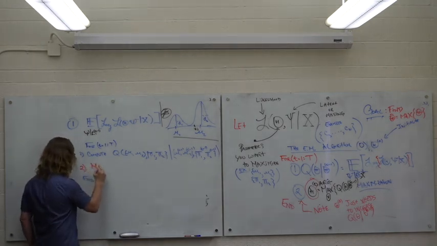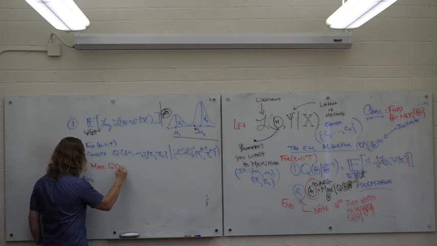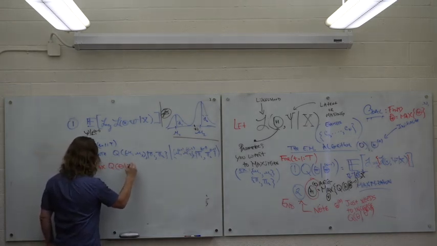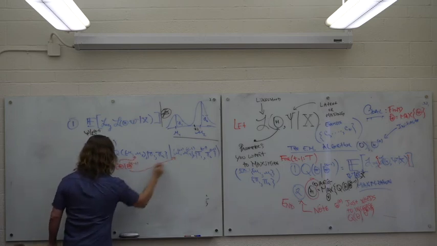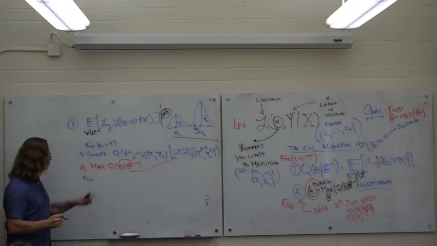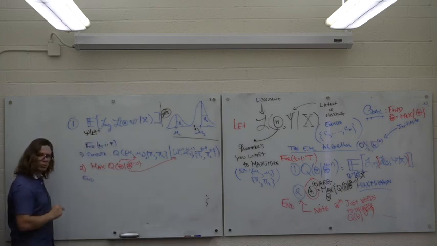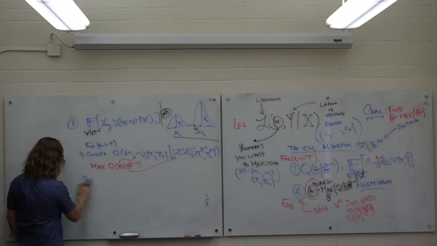So this is max over theta of Q(theta given theta t minus 1). And it turns out there's a closed form solution to this as well. We know what it is.